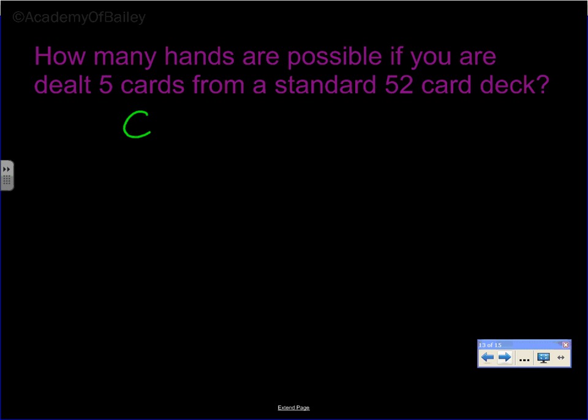How many total cards are in the deck? 52. And how many cards are you dealt? 5. And so we work this out. 52 factorial on top, and on bottom, 52 minus 5 is 47 factorial.